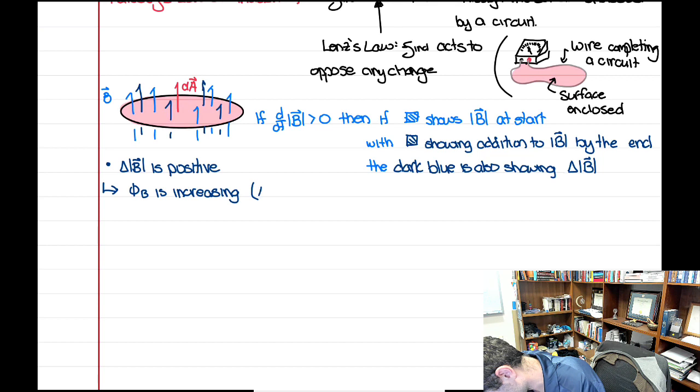Or you can say that the change in the flux, the delta flux, is also positive, which again, by saying that the flux is positive means that the change is in the direction of dA.